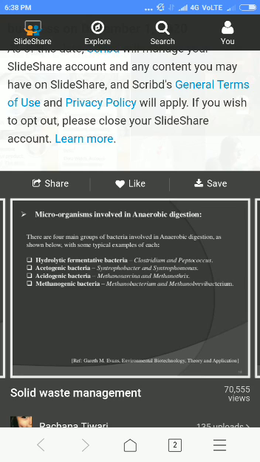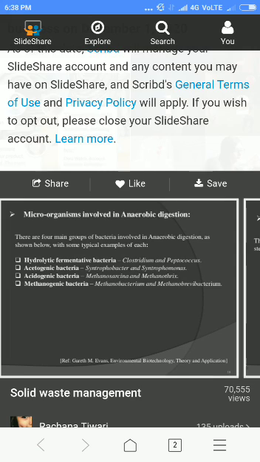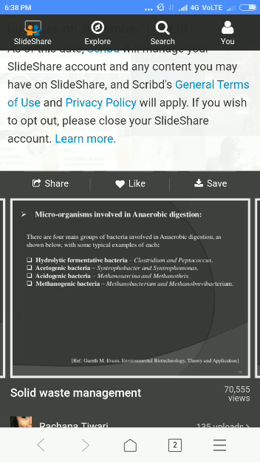Especially microorganisms involved in anaerobic digestion are of different types, and here there are 4 main groups of bacteria involved in anaerobic digestion, as hydrolytic fermentative bacteria, Clostridium and Peptococcus, then acetogenic bacteria, especially including Syntrophobacter and the Syntrophomonas bacteria.